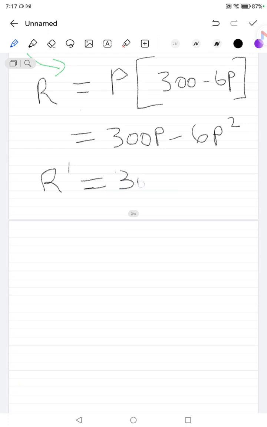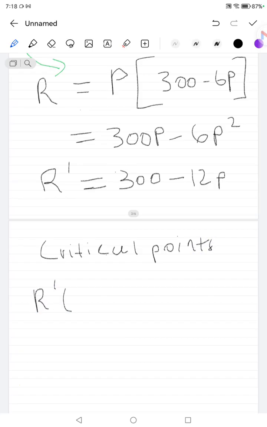You're going to have your 300 minus your 12p. Then you're going to consider your critical point. This is where you have your R'(p) equals 0.